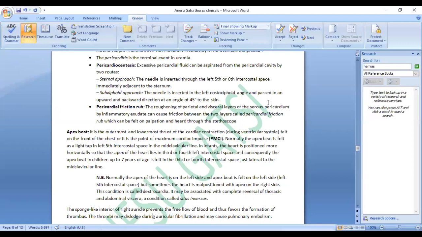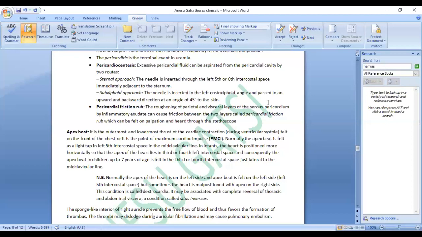But then in infants, the heart is positioned more horizontally so that the apex of the heart lies either in the third or the fourth left intercostal space. And consequently, the apex beat in children up to 7 years of age is felt in the third or fourth intercostal spaces. This can be reversed in a condition that is known as dextrocardia. So you may have what is known as situs ambiguus or situs inversus in the body.